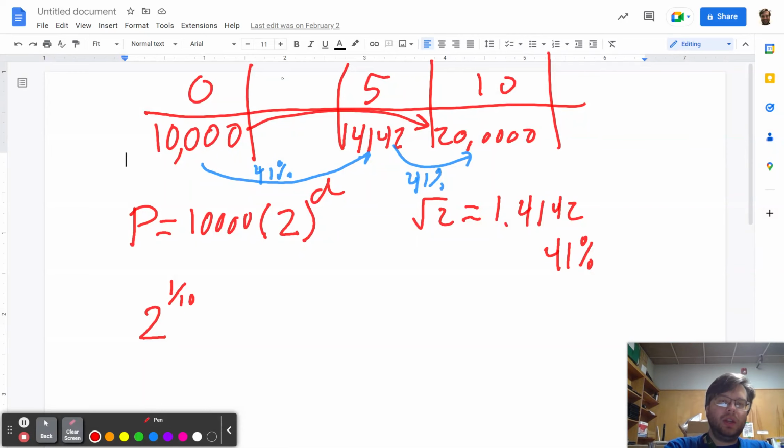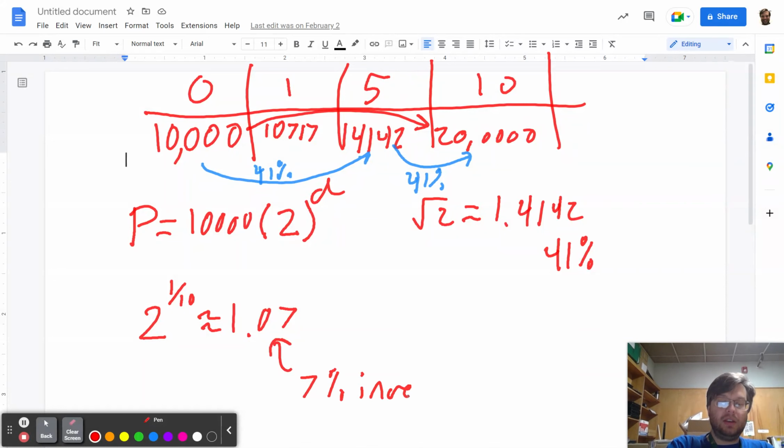If I go only 1 year, 1.07, 10,700, like that. This is kind of a crazy fact for me, that it takes only about a 7% increase a year for it to double in 10 years. A 7% increase in 1 year doubles in 10 years.